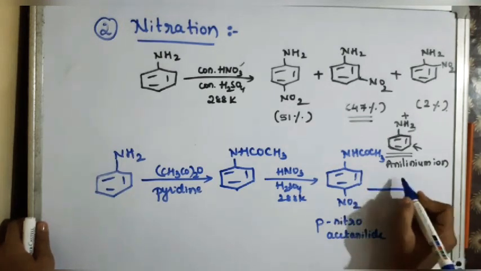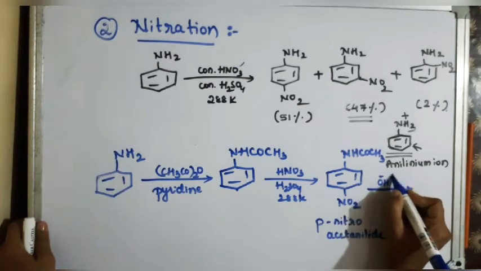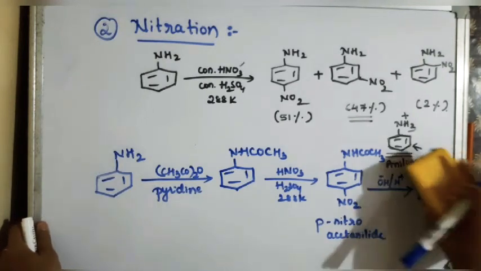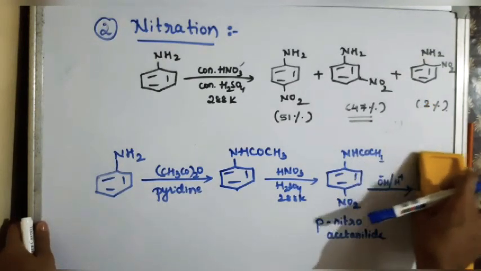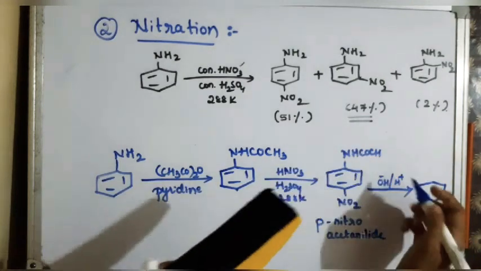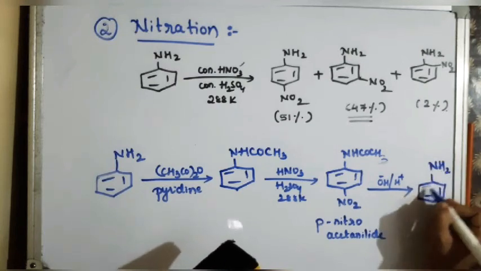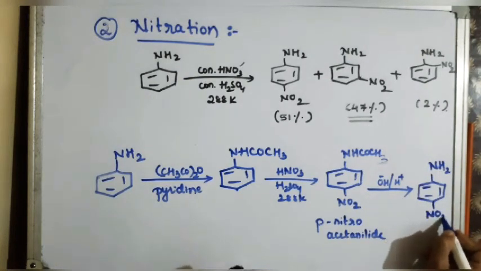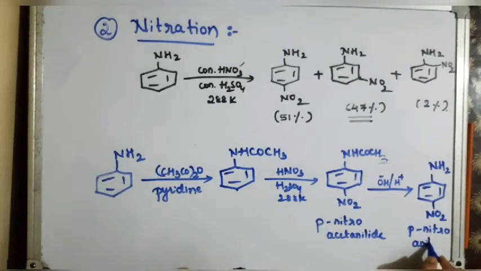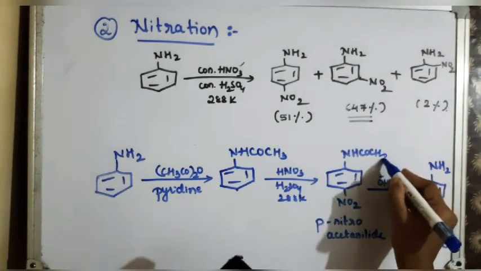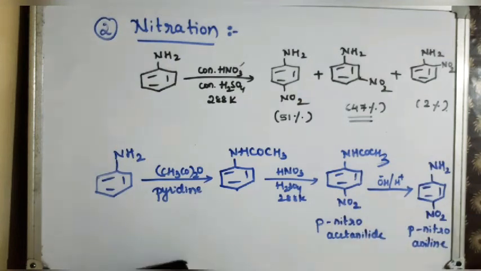Further this is subjected to hydrolysis, so that there is a formation of aniline. Para-nitroaniline is formed as a product. So like this we get para-nitroaniline as the major product.